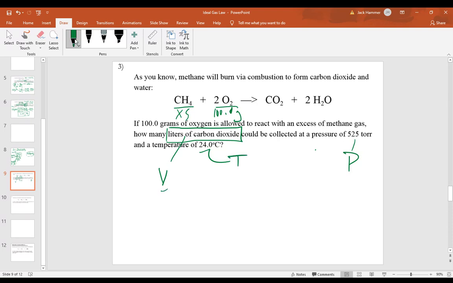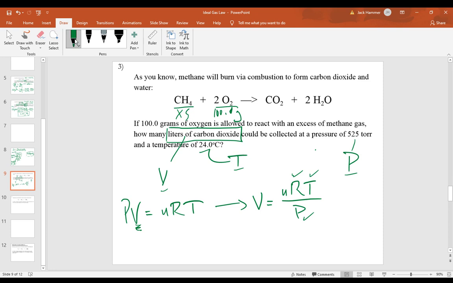So we know P and we know T. If you take your ideal gas law, PV equals nRT, and solve it for V, then volume is equal to nRT over P. We know the temperature, we know the pressure, and of course we always know R. Do we know n? Do we know how many moles? The answer is no, not yet. We do not know how many moles of CO2 we have yet.